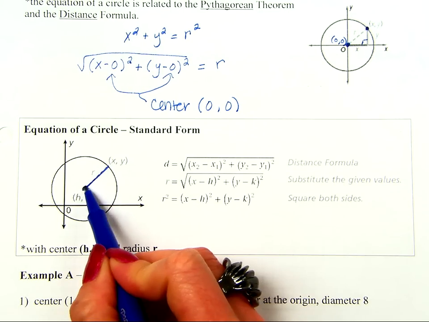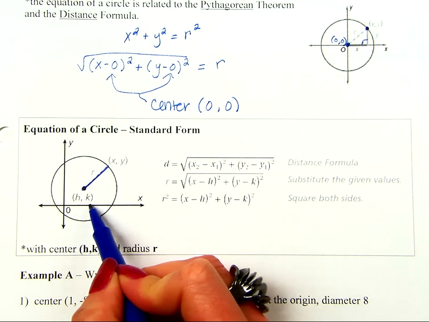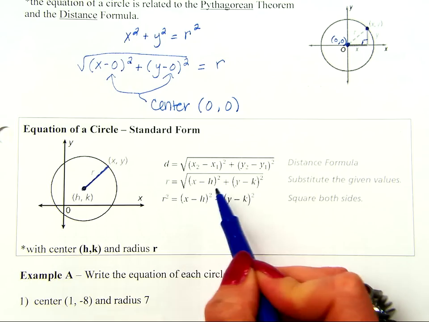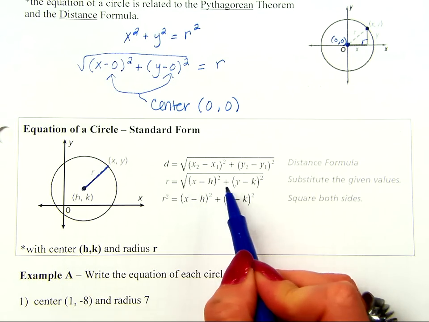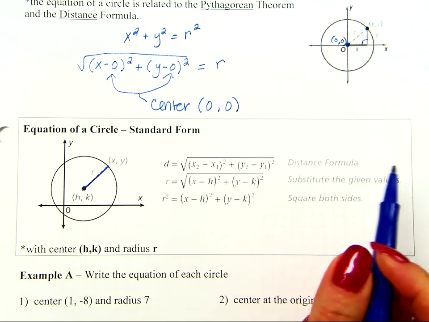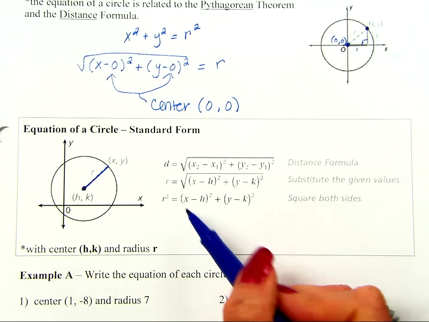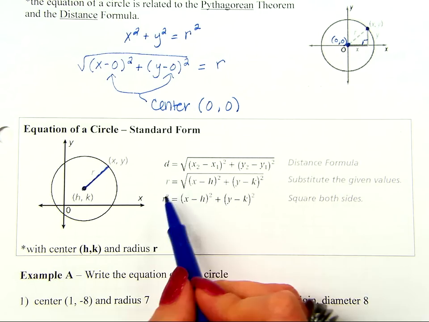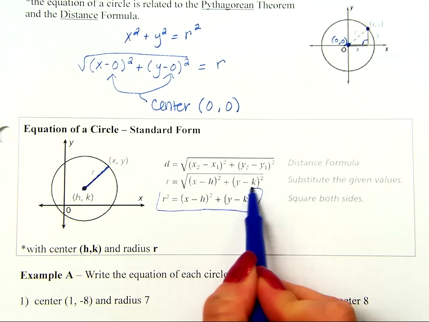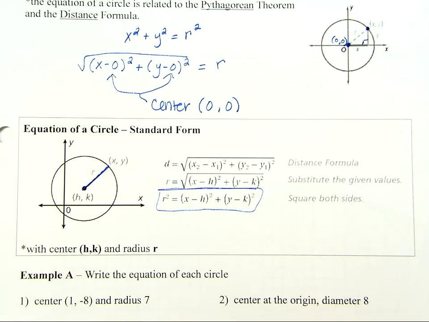Now, they're going to use the letters h, k for center. So we have x minus h and y minus k. And then, like I said, in order to get rid of their square root sign, they go ahead and square both sides. So this is the standard form for our equation of our circle, where we have a center of h, k and a radius of r.